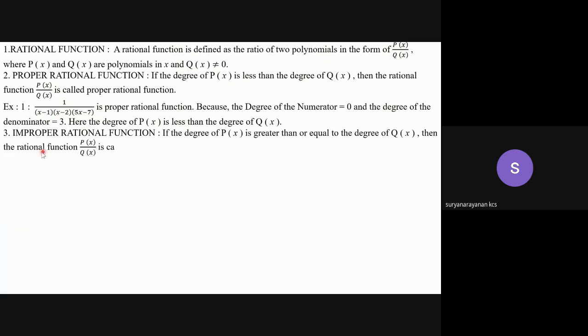Similarly here, throughout this exercise, remember p of x denotes a polynomial in x in the numerator, and q of x denotes a polynomial in x in the denominator. If the degree of p of x is greater than or equal to the degree of q of x, then the rational function p of x by q of x is called an improper rational function.